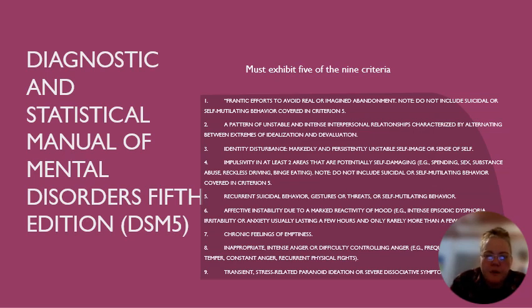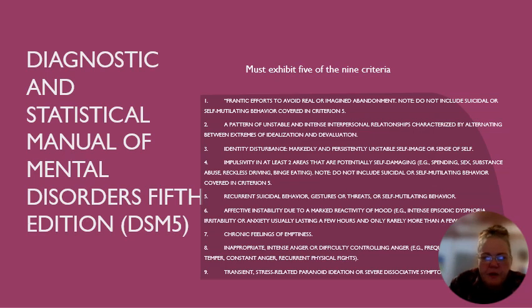The third is identity disturbance, poor self-esteem, very unstable thinking when it comes to self. And the fourth one, impulsivity in at least 2 areas that are potentially self-damaging: gambling, sex, shopping, substance abuse, reckless driving, binge eating. And it notes there that it does not include suicide ideation or self-mutilating behavior.